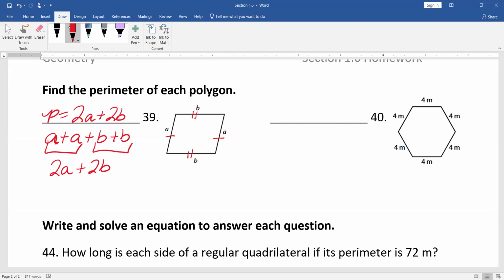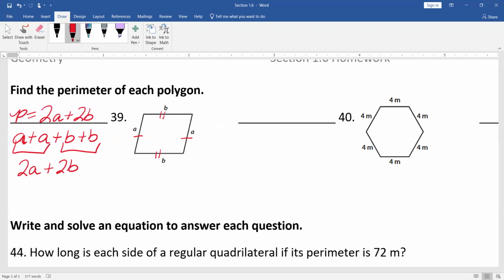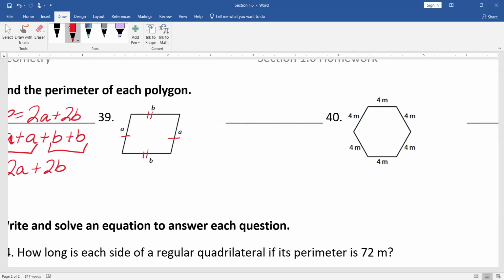All right, for number 40, you can see that every single side has the exact same measurement. So this is equilateral. When they are equilateral, we can take perimeter equals the number of sides times the length of the side. I know that the number of sides is 1, 2, 3, 4, 5, 6.